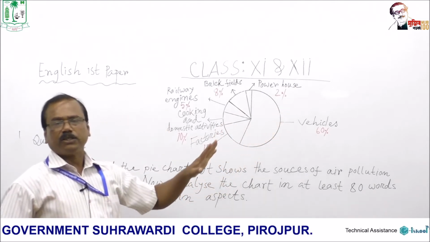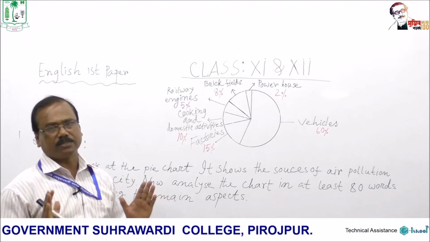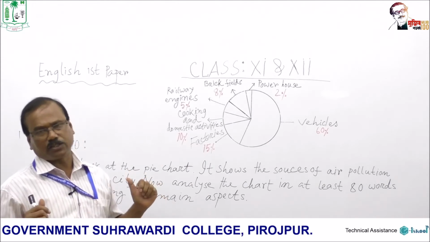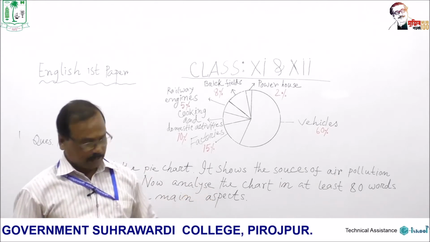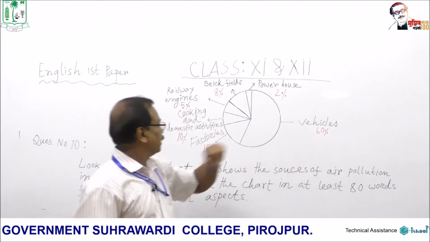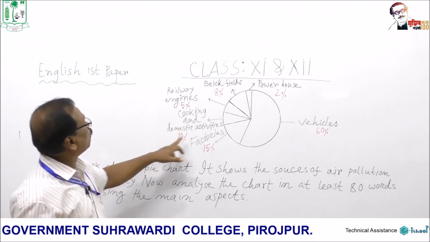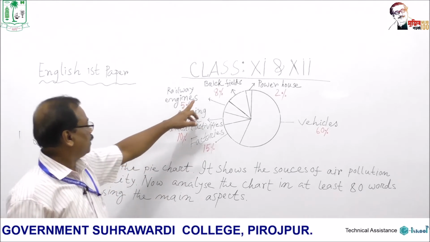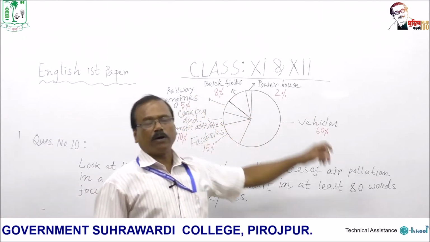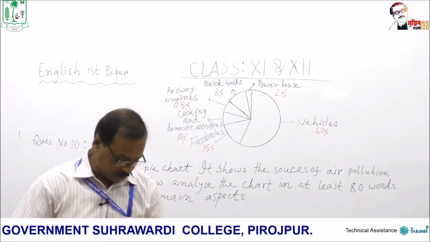These are the 6 sources of air pollution. So the third sentence I repeat, they are vehicles, factories, cooking and domestic activities, railway engines, brick fields, powerhouse. This is the third sentence.